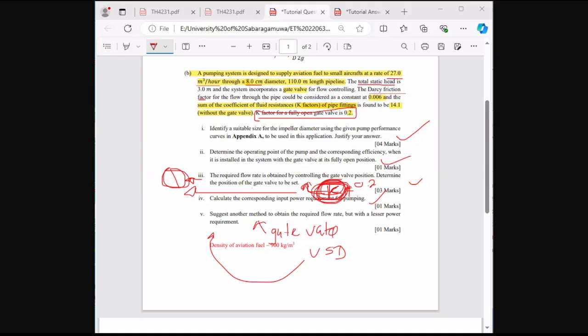Please try to do this one at home, and I will share the answer for this first one.